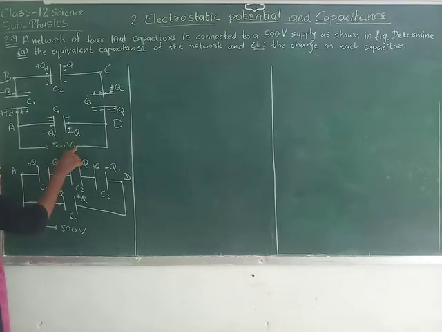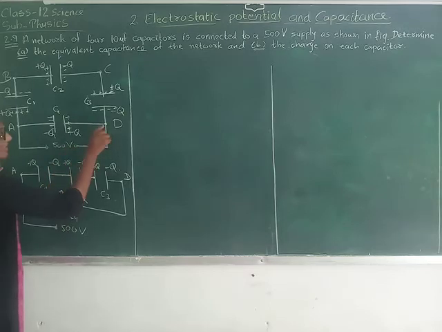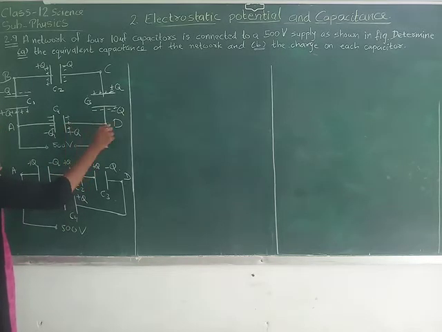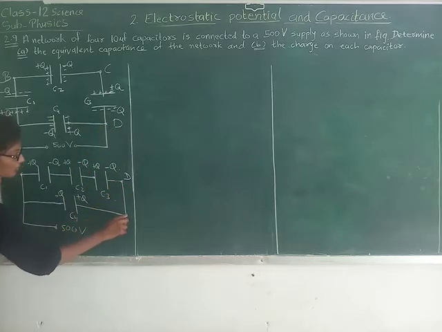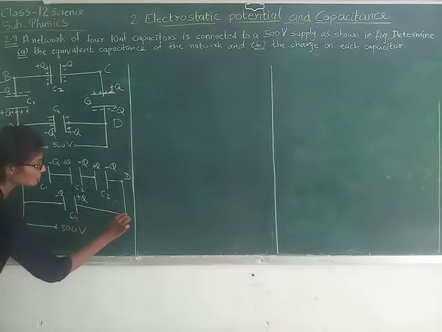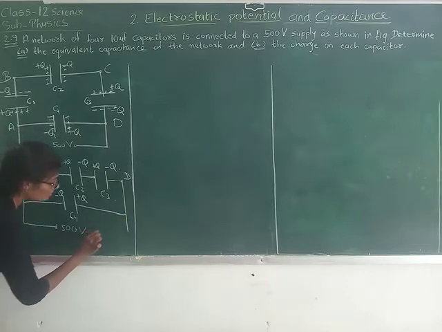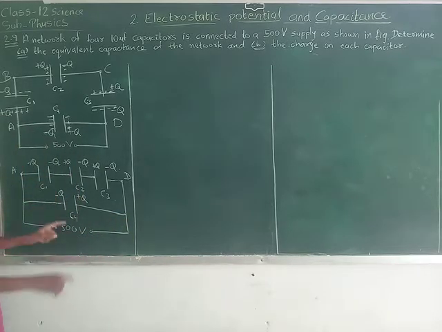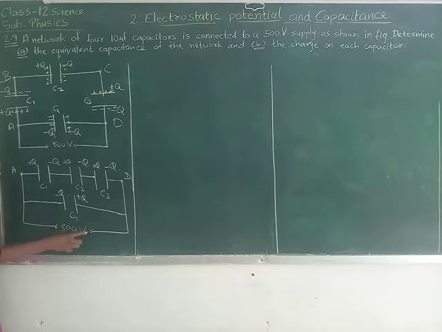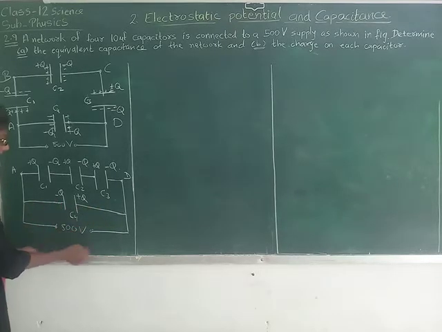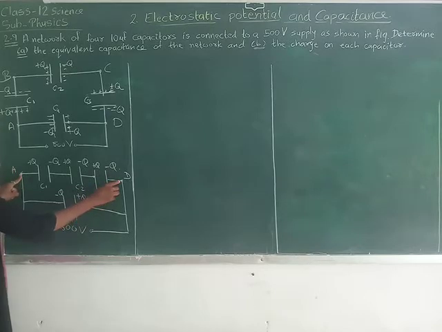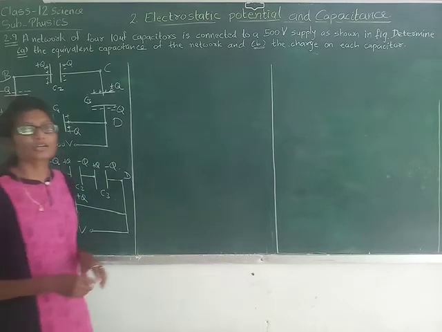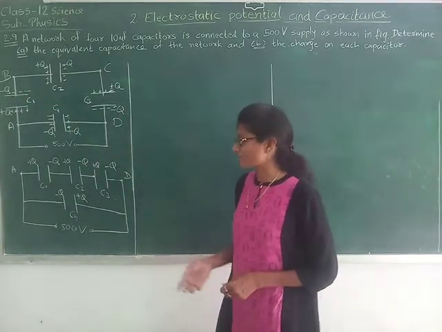Over here, the other terminal of the supply is connected to D point as well as to the positive plate of C4. So to the D point as well as the positive plate of C4, that is connected to the supply. Right? So from this you can see that this 500 volt supply is given to this C4 component as well as to this AD point, right? So here between A and D, these 3 capacitors are in series connection, right?